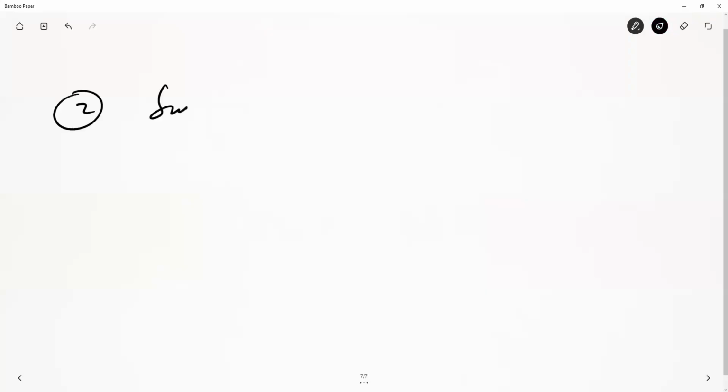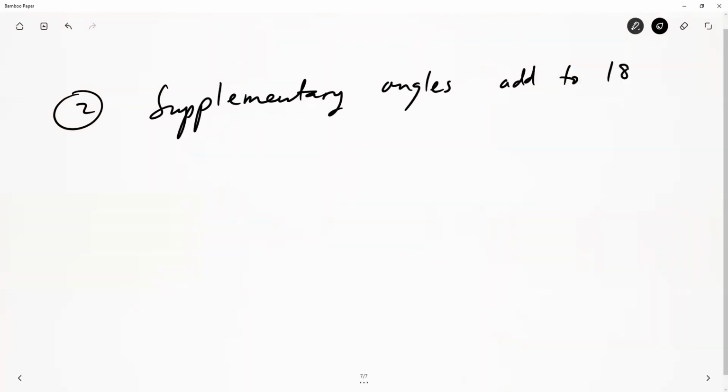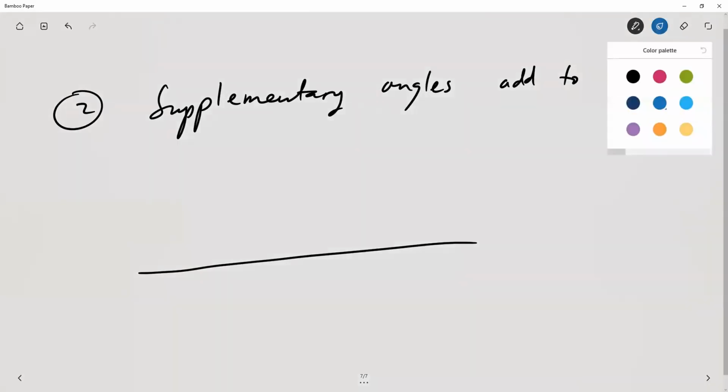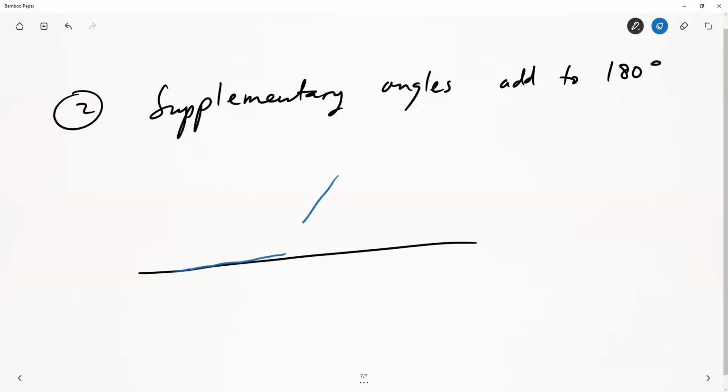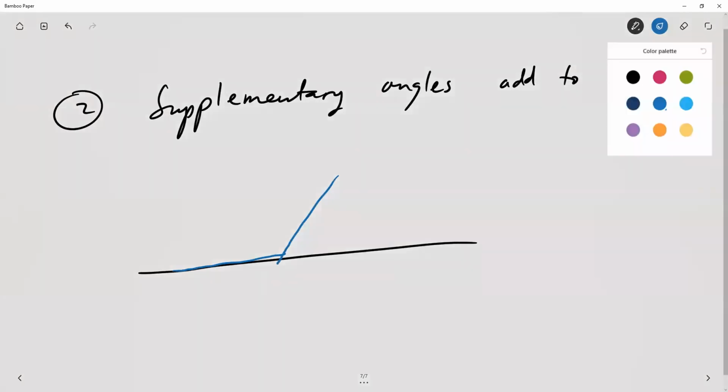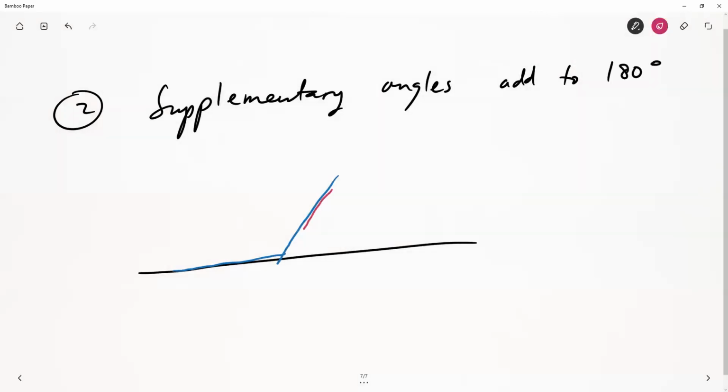All right, now the second one is called supplementary angles. These angles add up to 180 degrees. For example, if you have a straight line and you have two angles in there, this is the first one and this is the second one.